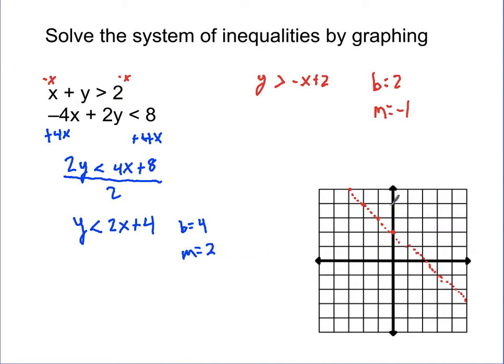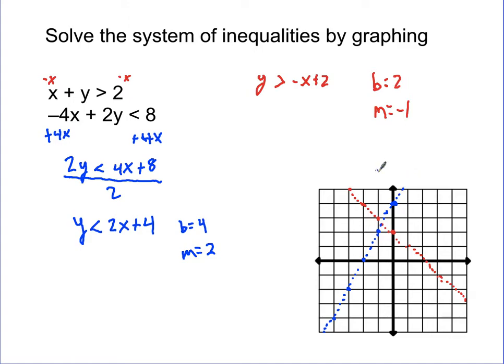1, 2, 3, 4. And the slope is, I can't go up 2 right 1, so I need to go down 2 left 1 to make a positive slope. And again, this one's dotted. I think dotted lines are easier on paper than they are on this thing.